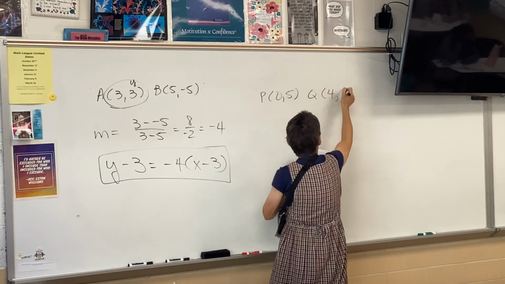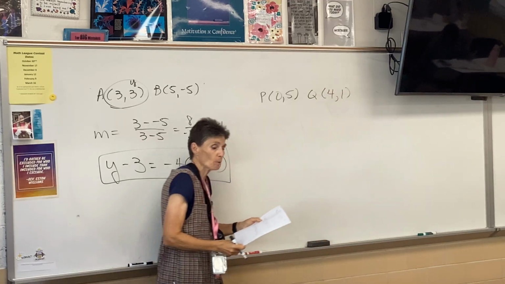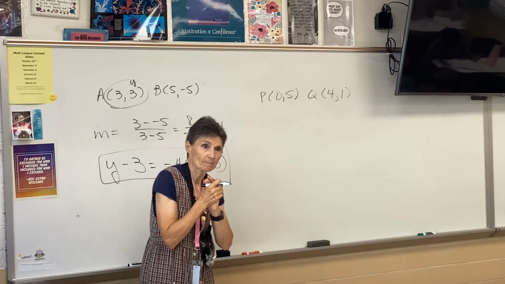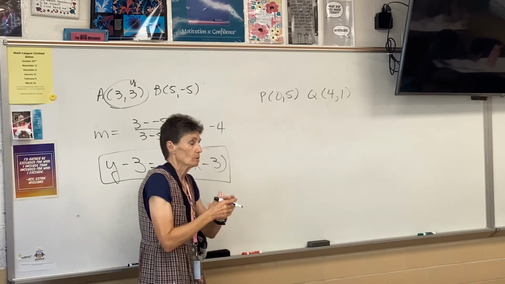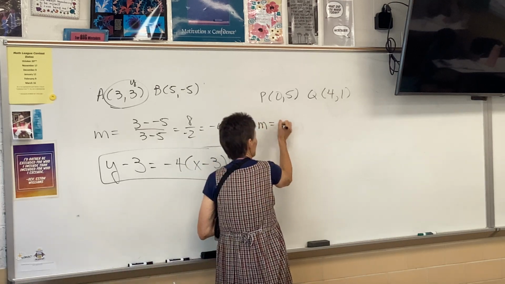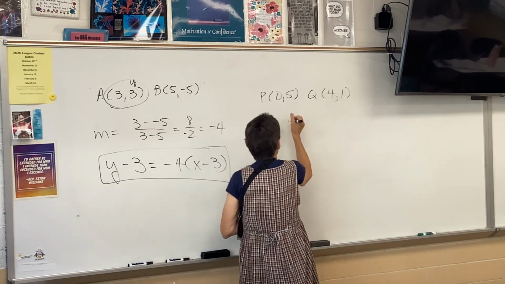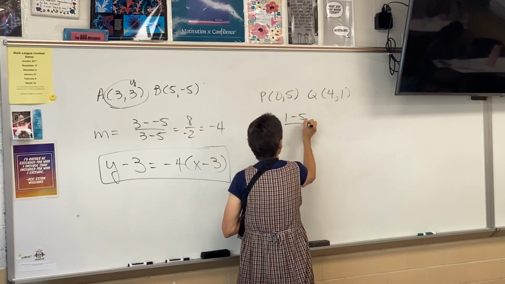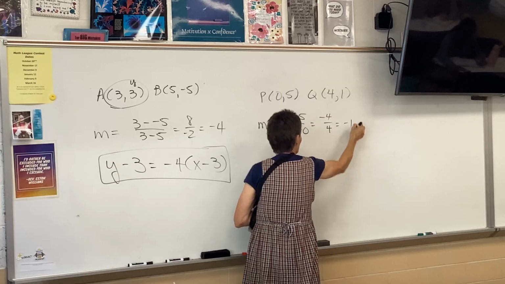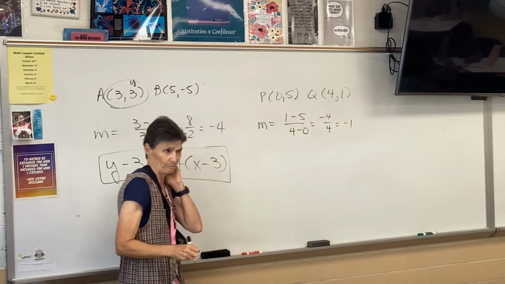We're gonna add one step to the very end of the problem, but otherwise, we're gonna do exactly what we've been doing, okay? So, what have we been doing? First thing, we found the slope. So we'll do 1 minus 5 over 4 minus 0. I got negative 1 again. I did too.